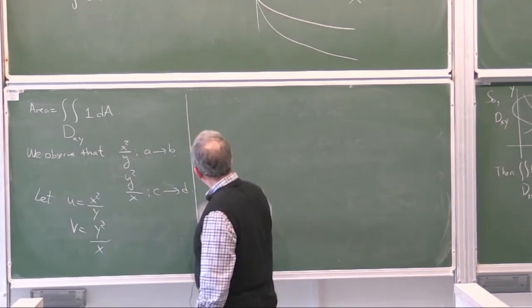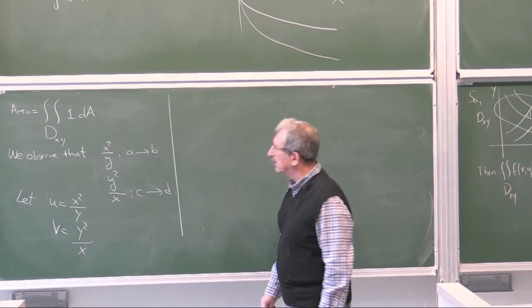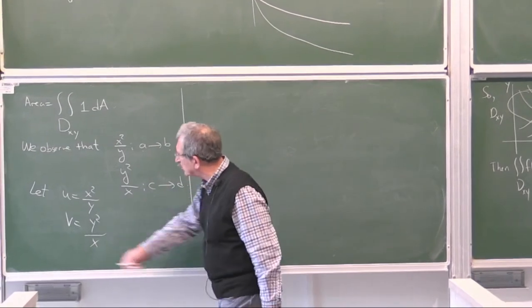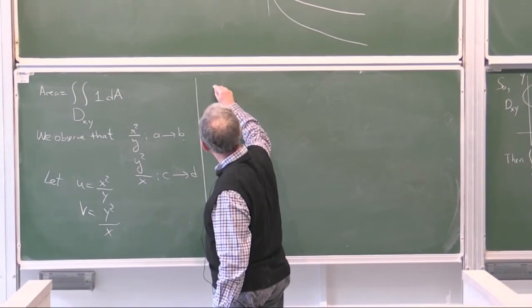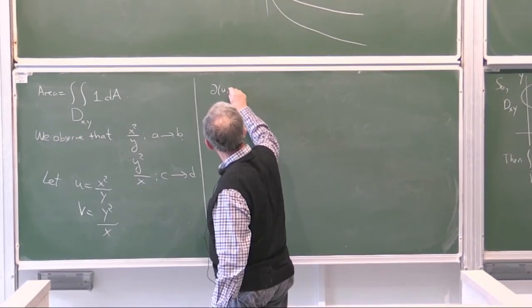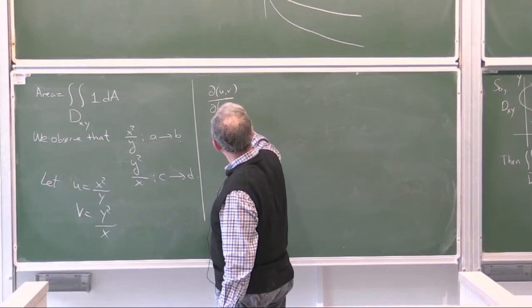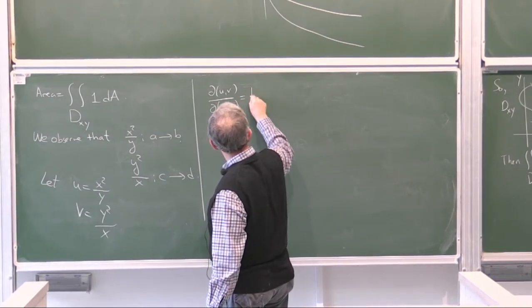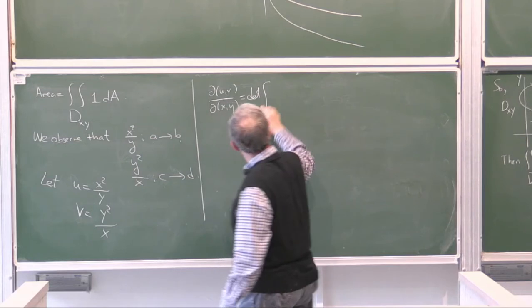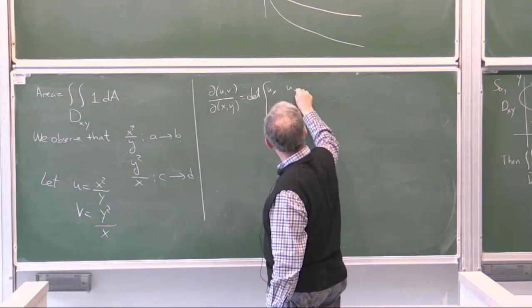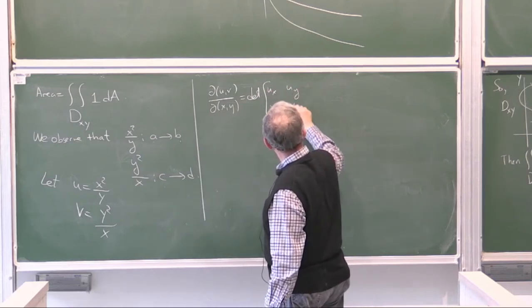Okay, we need the Jacobian determinant. I don't want to solve for x's or y's, simply calculate del(u,v) by del(x,y).